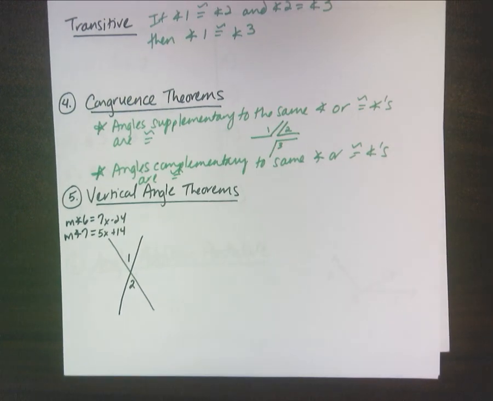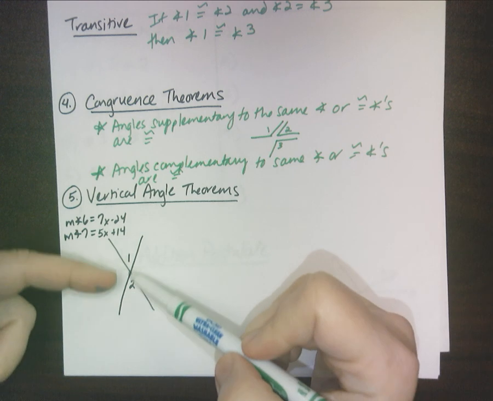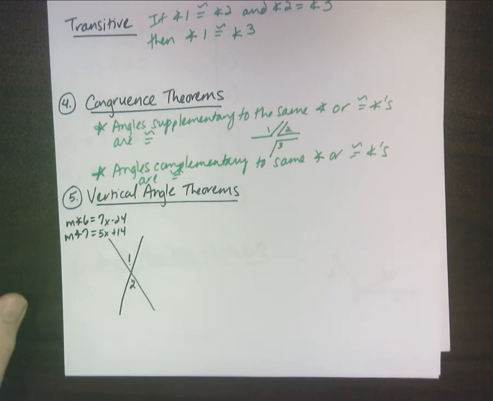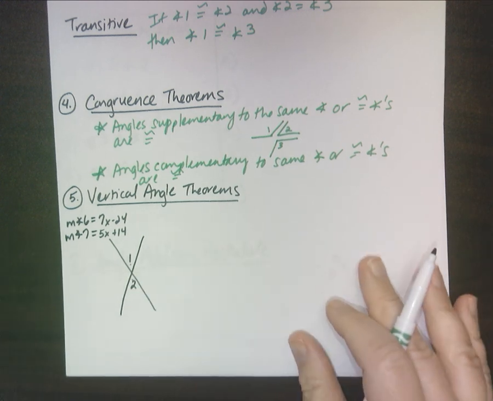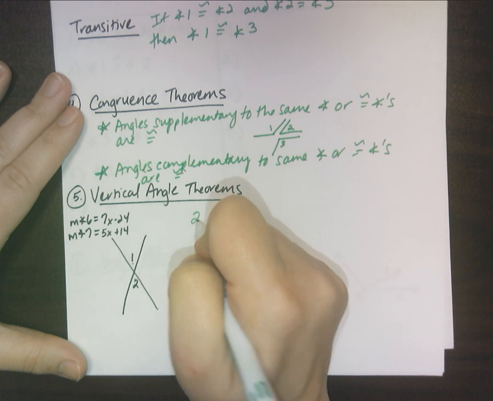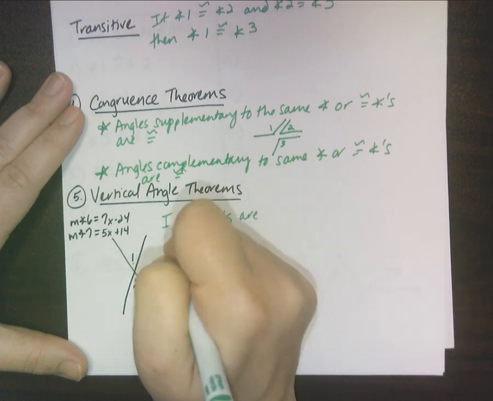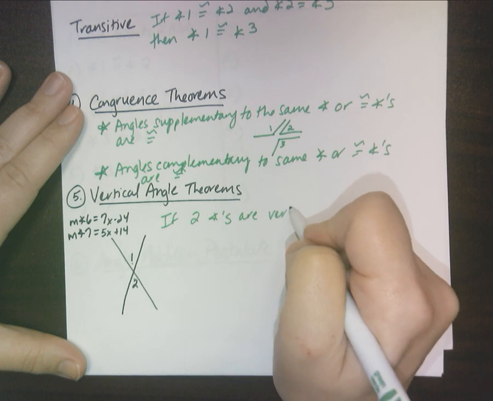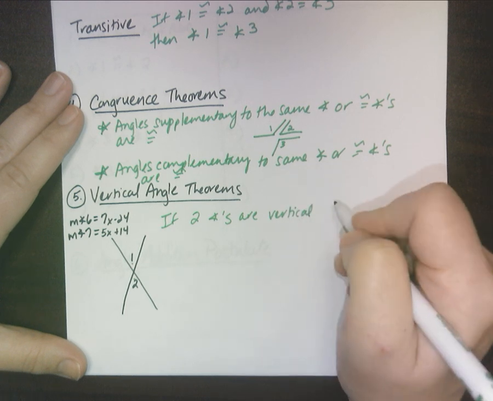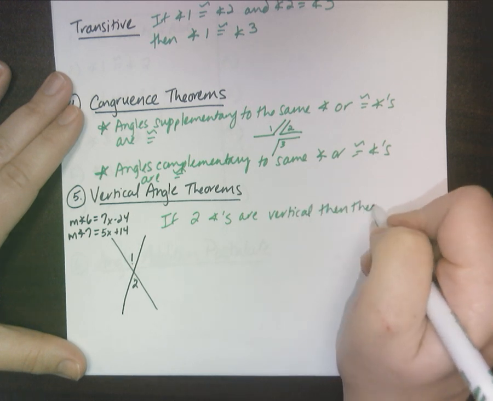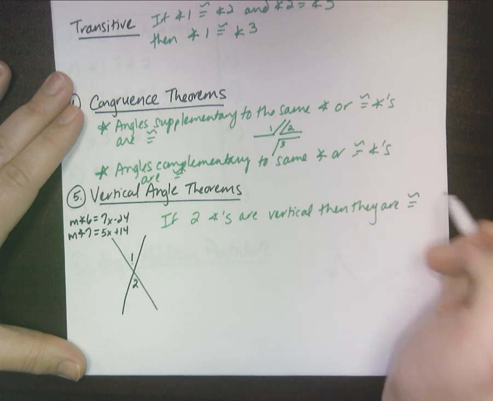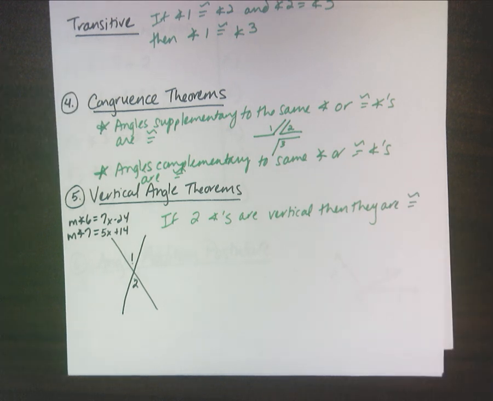I love vertical angles. They're just so easy to look for. They're opposite each other, 1 and 2. And the vertical angle theorem says that if two angles are vertical, then they're congruent. Makes sense. Vertical angles are congruent.